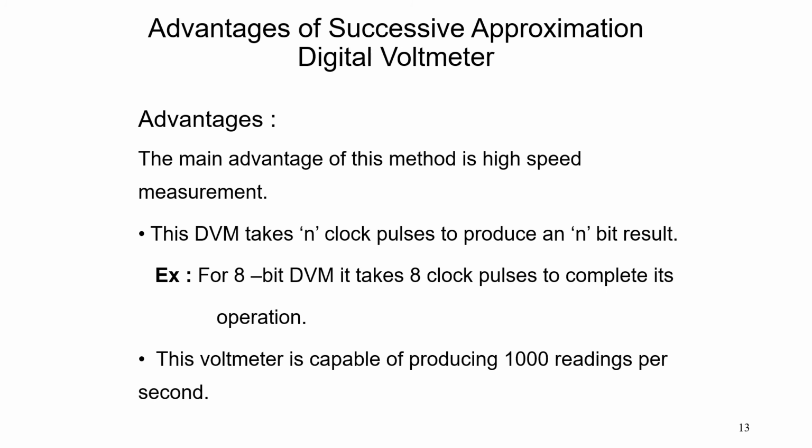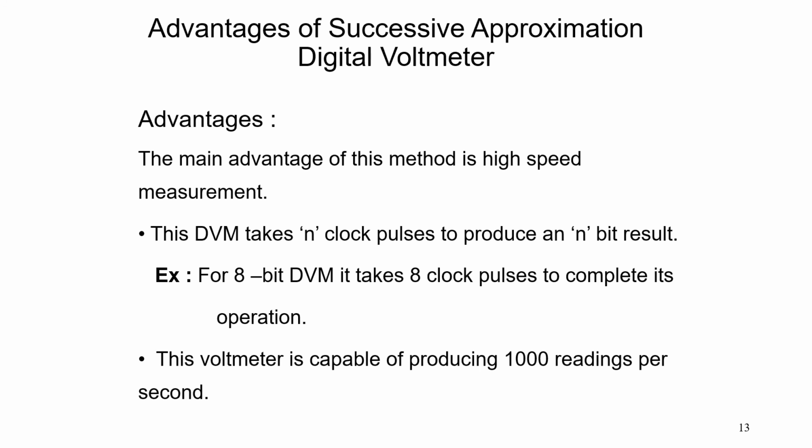If the input voltage is greater than the converter reference voltage, the comparator produces an output that causes the control register to retain the one setting in the MSB, and the converter continues to supply its reference output voltage of half V reference.